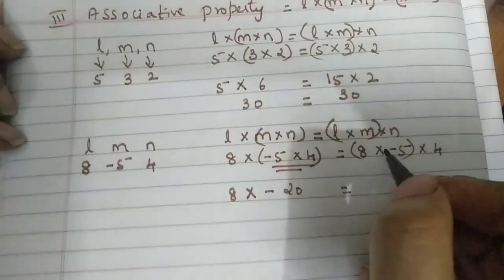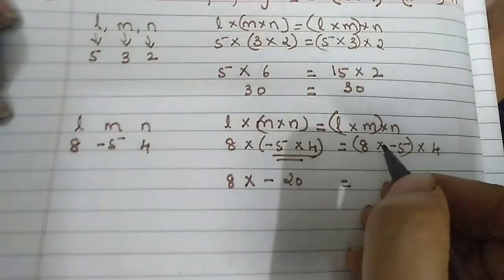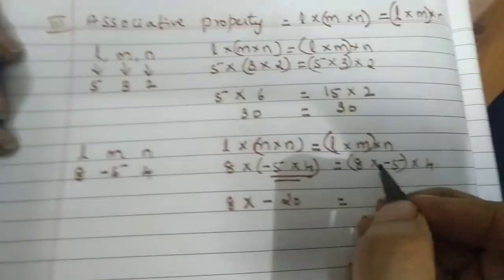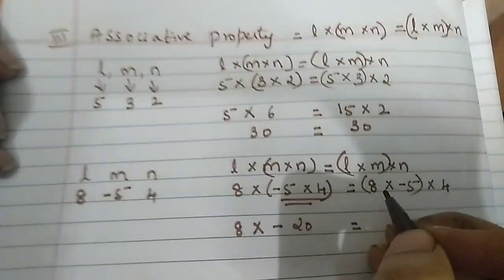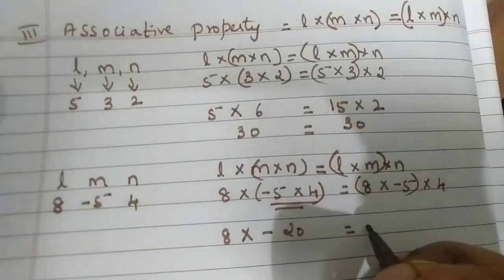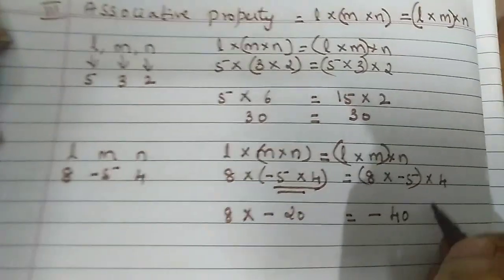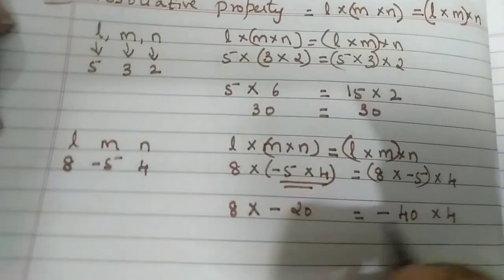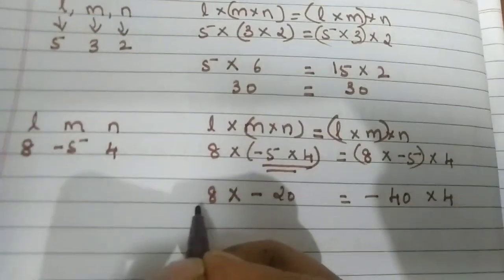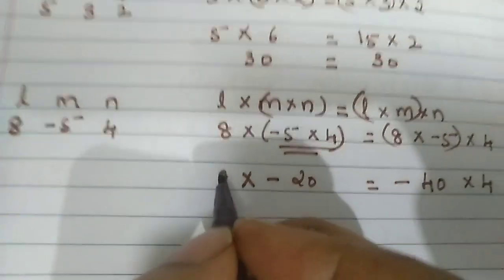Equals, again let's begin with multiplying the signs, because we have a positive sign and a negative sign. Plus into minus gives you minus, 8 5s are 40, and now into this 4. Again, first let's begin with the signs.